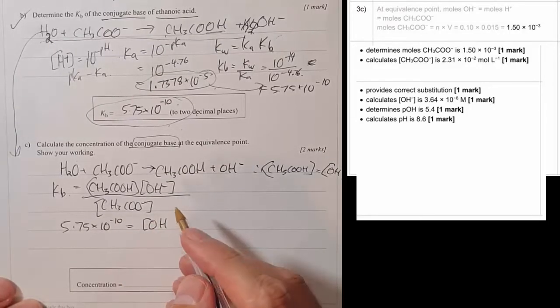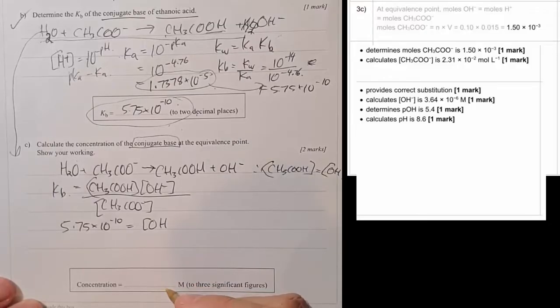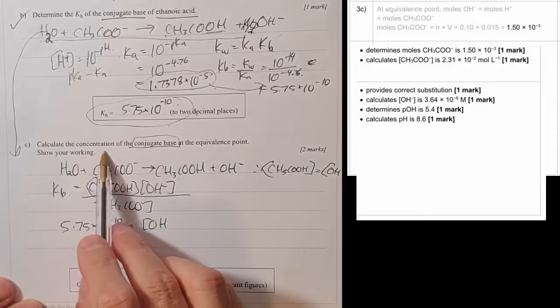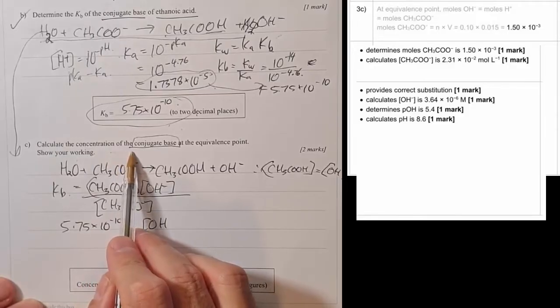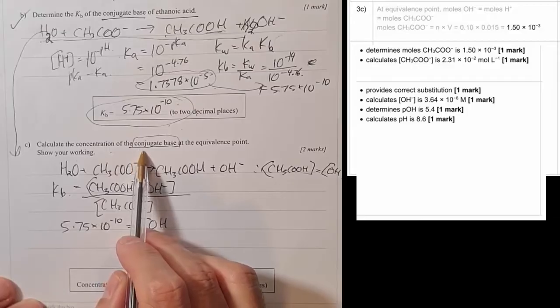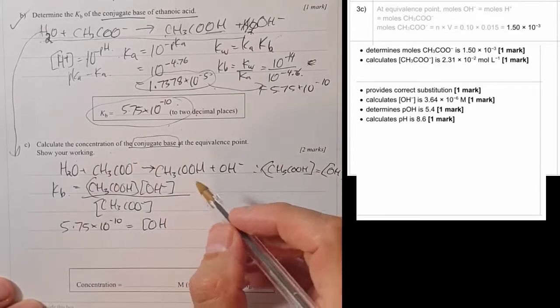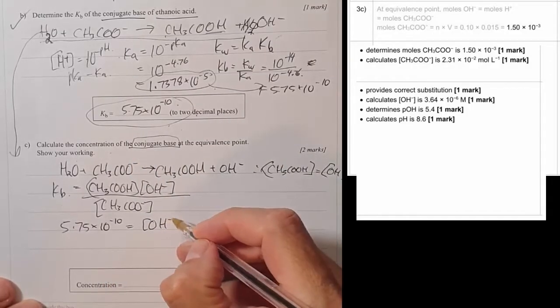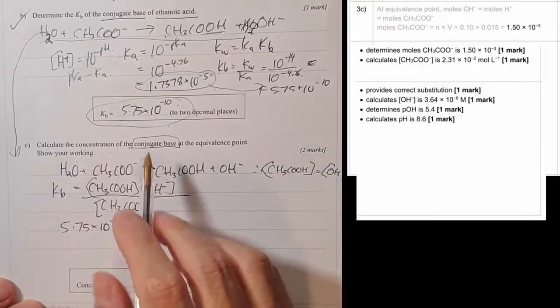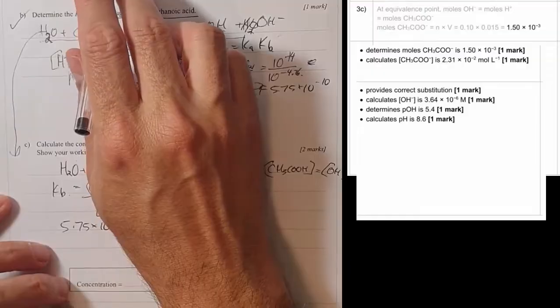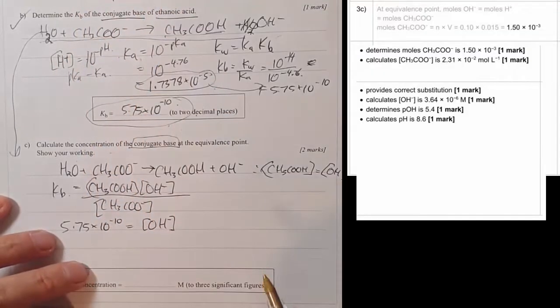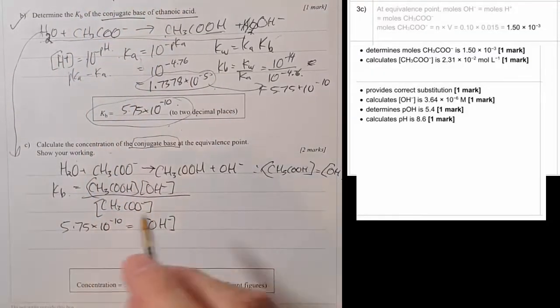And so we have, what is it? Calculate the concentration of the conjugate base. So we have that as OH minus concentration and the CH3. So how much CH3O is going to be produced? This one seems to be rather nasty.